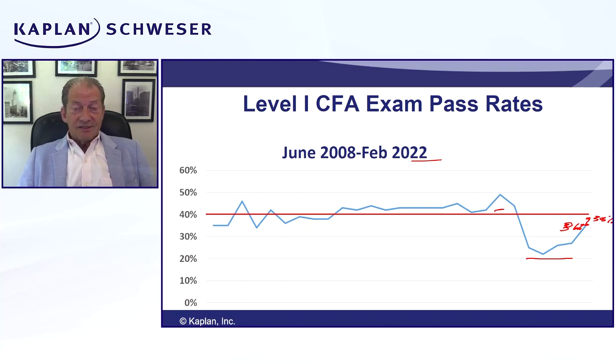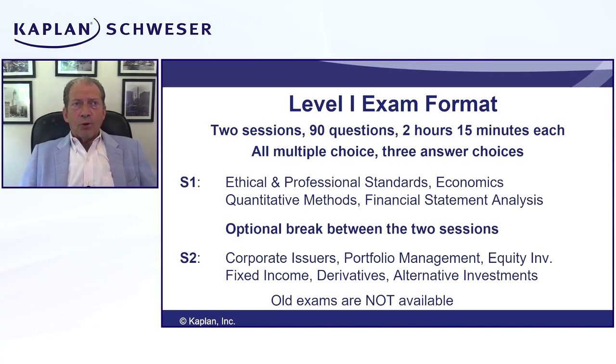But the point is it did dip down here to 25 or 23% or whatever, right in here. And then it's worked its way back up since then. But the important thing is for you to pass the exam. What others do doesn't really change things for you. So let's get on to that part of it.